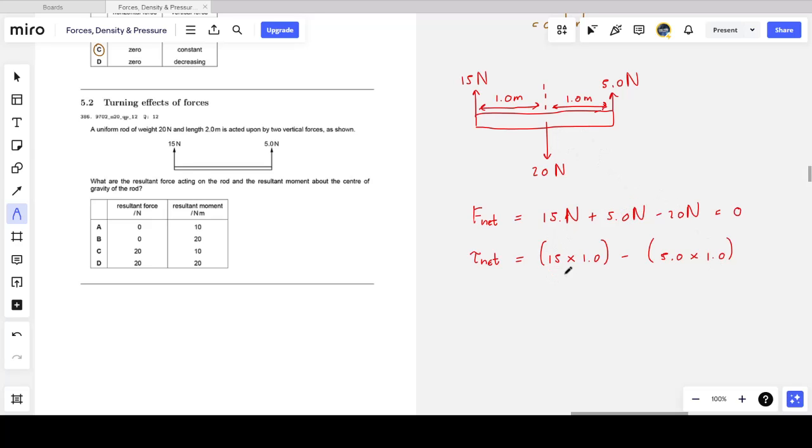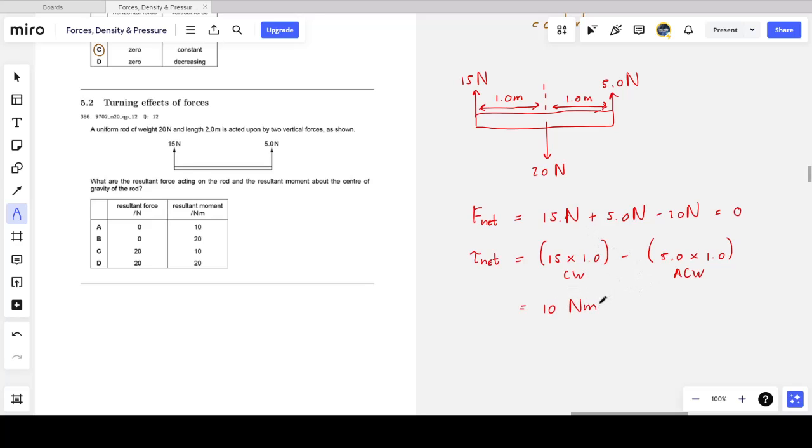And that's because the first force, the 15 Newton force, will cause the rod to rotate clockwise about the center, but the 5 Newton force will cause the rod to rotate anti-clockwise about the center. And so we have to have opposite signs for clockwise and anti-clockwise moments. And so we get a net torque of 10 Newton meters.